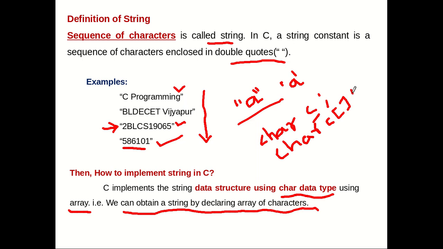Here we have declared c as an array, so c is a variable capable of holding an array of characters. So we can say here c is the string. Here c is the character.